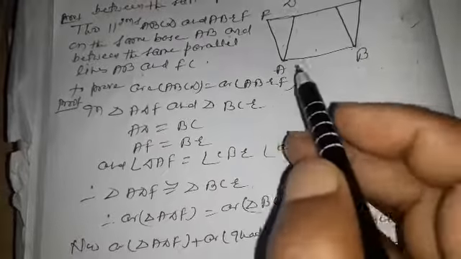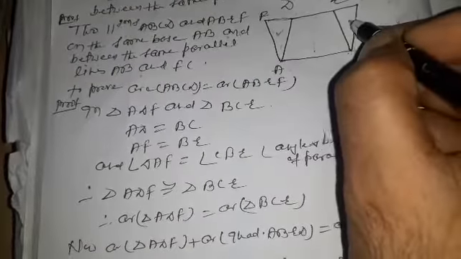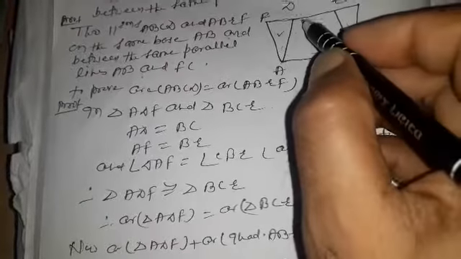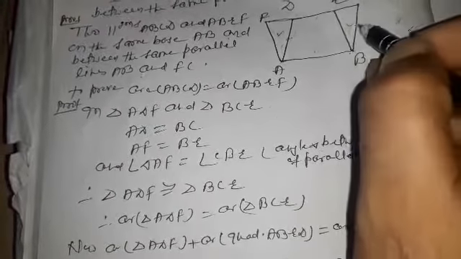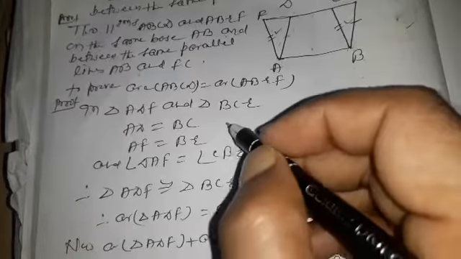Now the proof. In triangle ADF and triangle BCE, AD and BC are the opposite sides of parallelogram ABCD, so they are equal. AF and BE are also the opposite sides of parallelogram ABEF, so they are also equal.